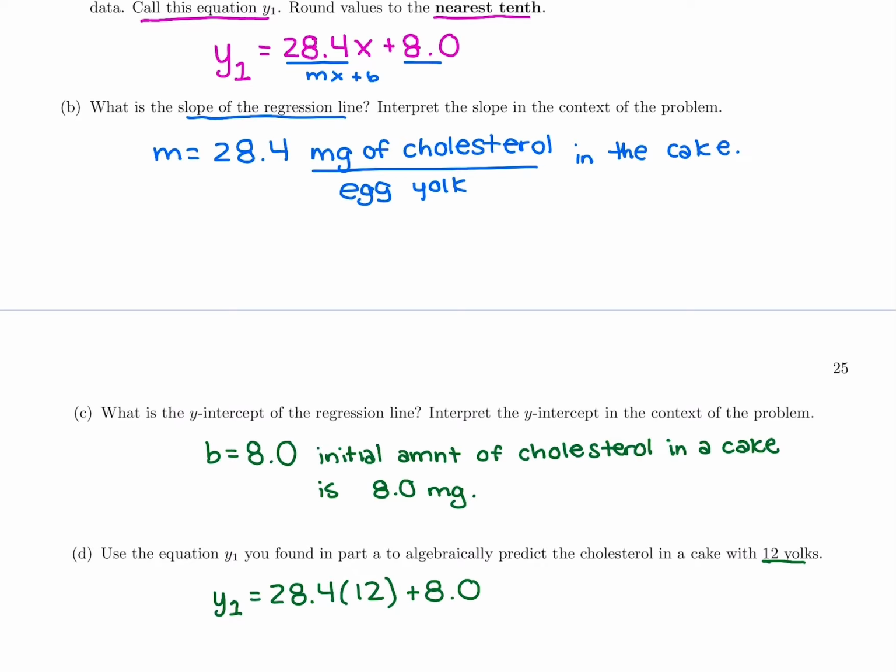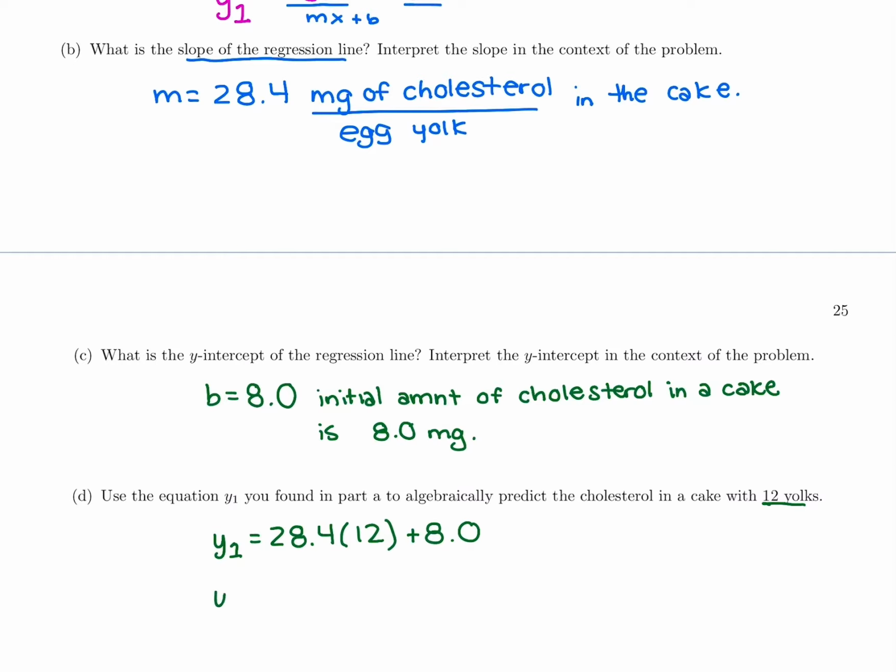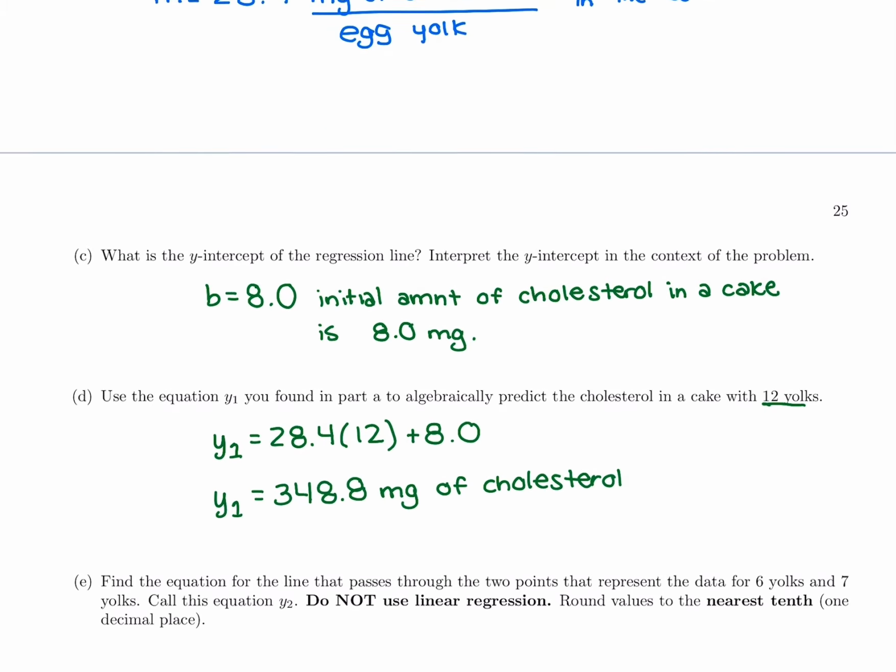So I'll just grab my calculator and plug in 28.4 times 12 plus 8 and find the amount of milligrams in the cake is 348.8 milligrams of cholesterol.